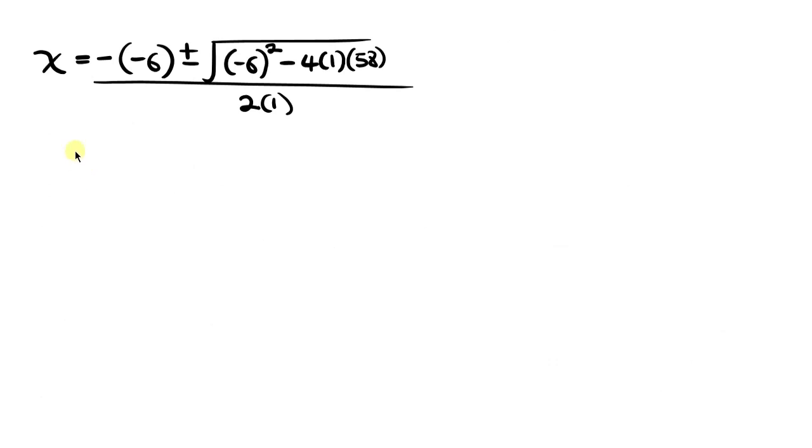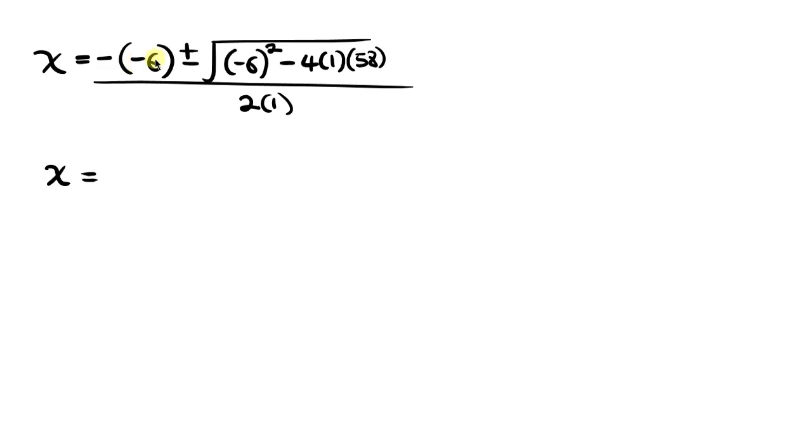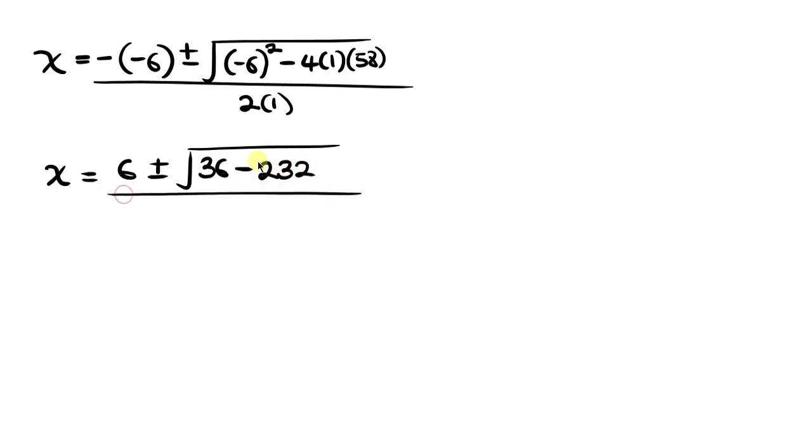Now on simplifying, we have x to be equal to negative times negative gives positive. So I'm going to be having positive 6 plus or minus the square root of negative 6 squared is actually 36 minus 4 times 1 times 58 is 232 all over 2 times 1 is 2.